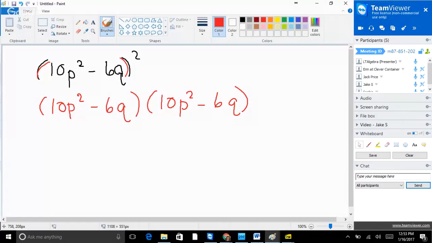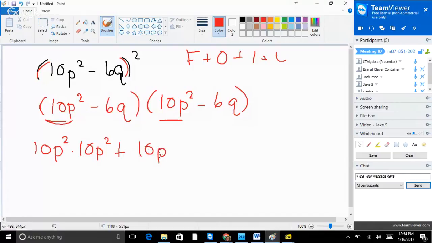So we're going to do first. First is going to be 10p squared times 10p squared. That's our first. Our outside is going to be plus, because we always do a plus in between our FOILs. It should really be like F plus O plus I plus L. So our outside is going to be 10p squared times negative 6q.